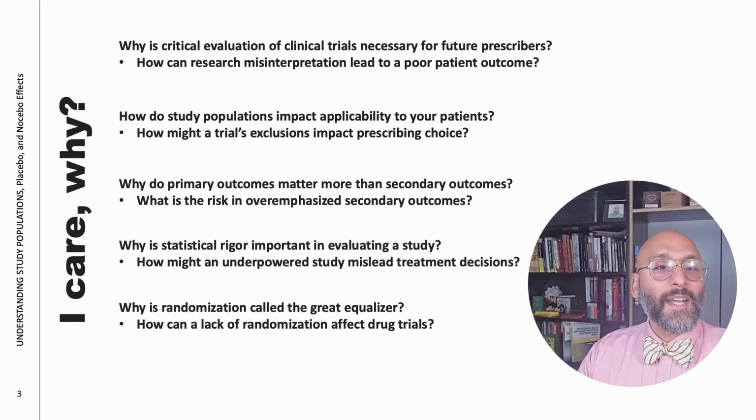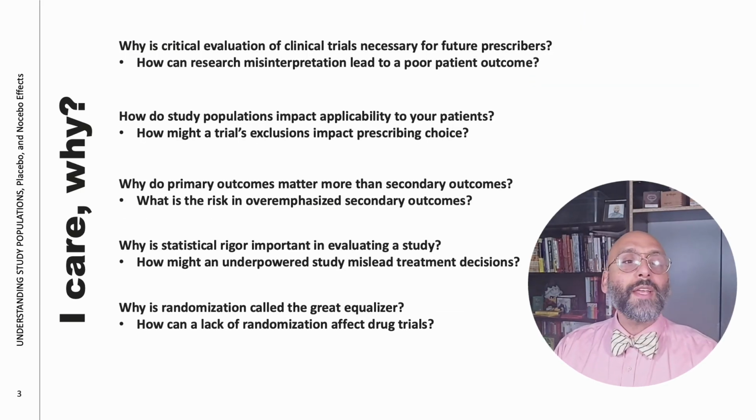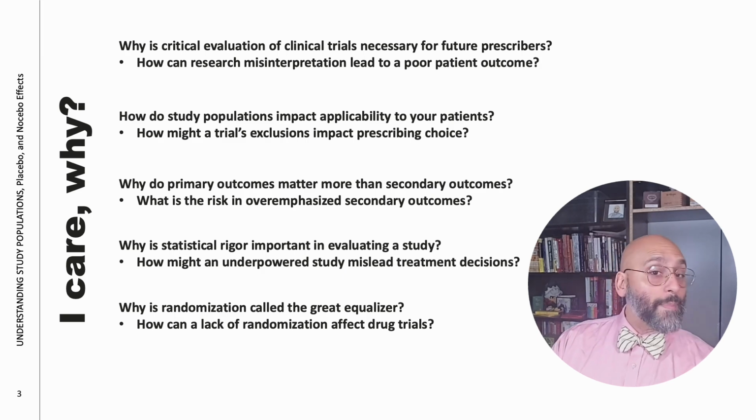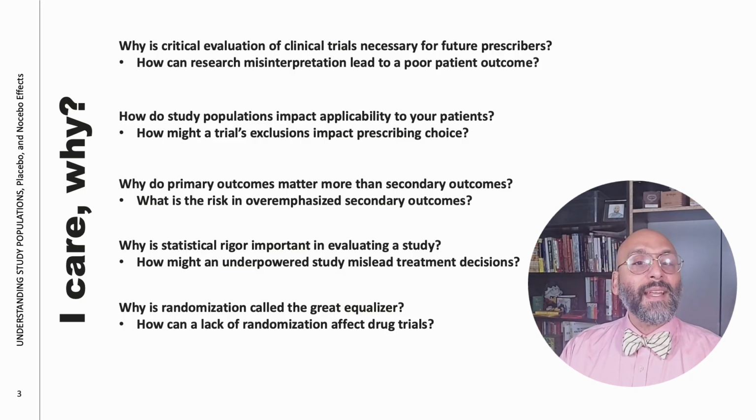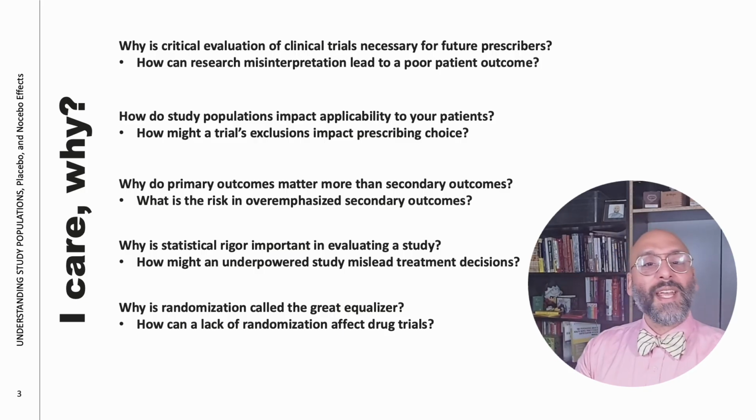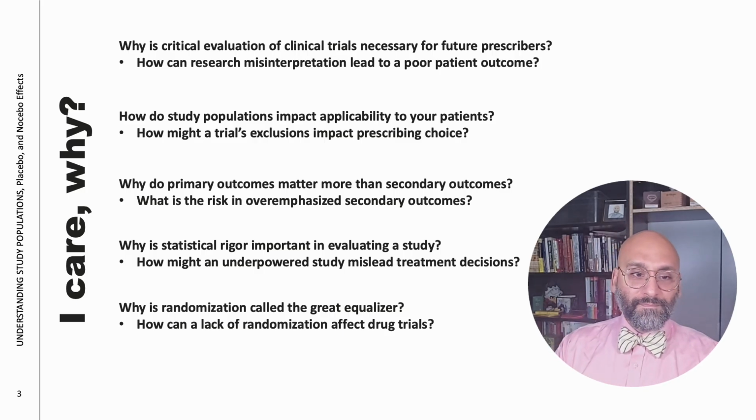Now this slide is asking one question: why should a future prescriber like yourself care about research methods at all? Well, the short answer is that misreading a study doesn't just bother you academically, it shows up as poor clinical decisions. If you misunderstand a trial's population, you may end up prescribing to someone who was never represented in that study that brought the drug to market.